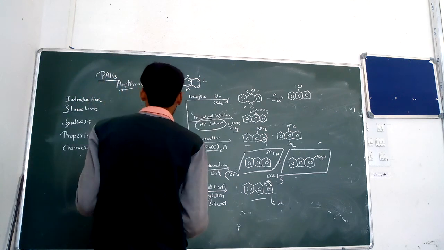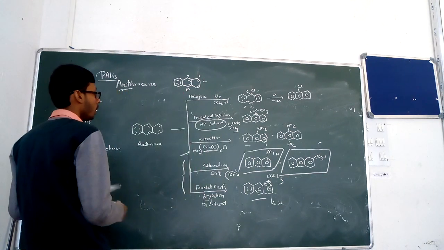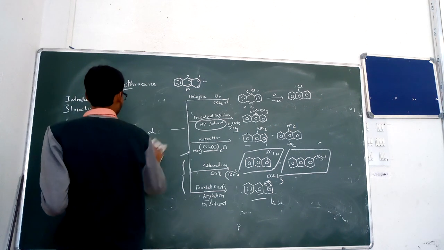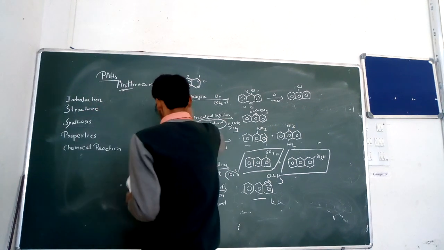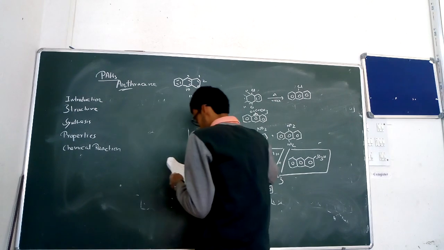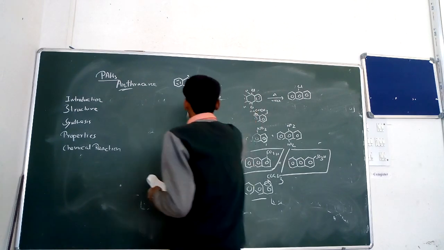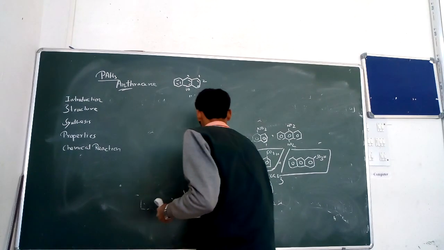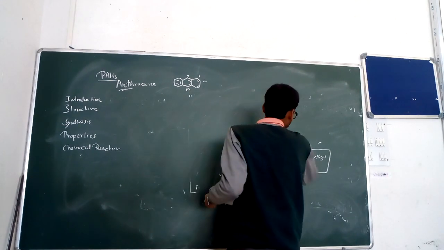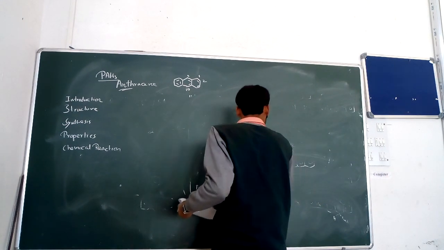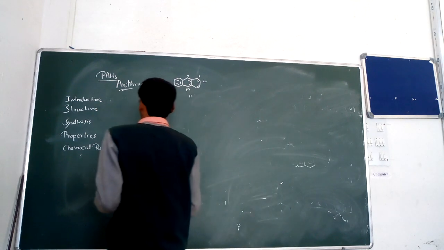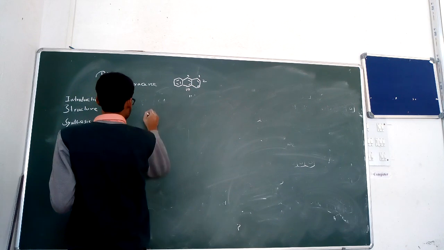And further, there are various electrophilic substitution reactions, and other reactions are the reduction, oxidation, and Diels-Alder reaction of the anthracene. So we discuss the remaining reactions of the anthracene, that is the reduction reaction.